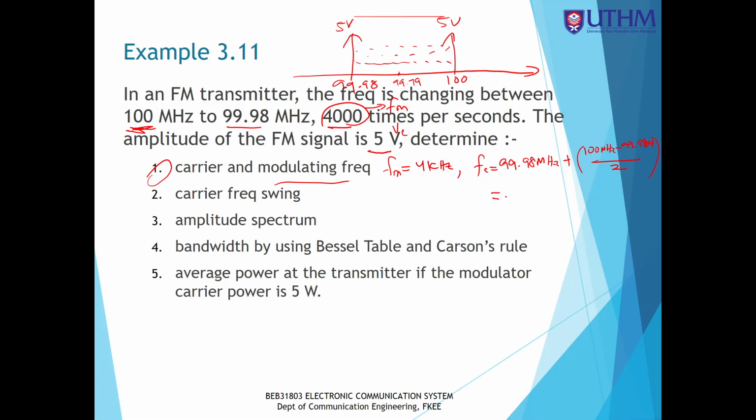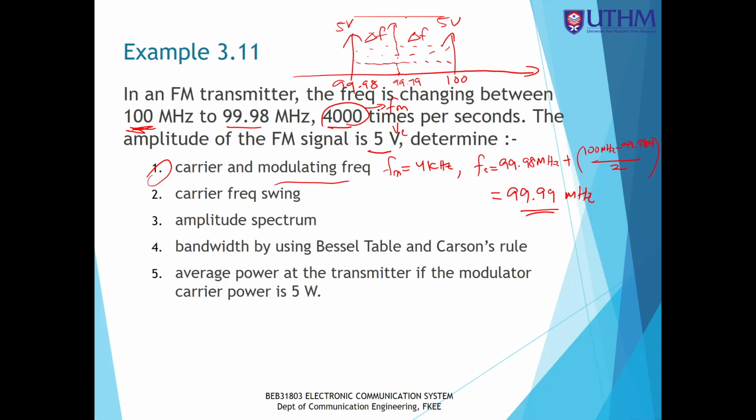Okay, so you're gonna get 99.99 megahertz. So this is the center frequency, and the distance is delta F and delta F.